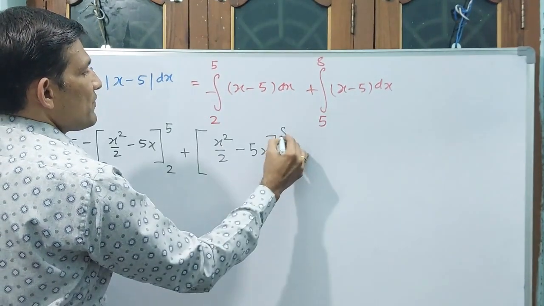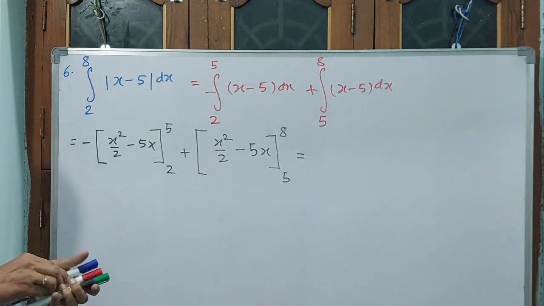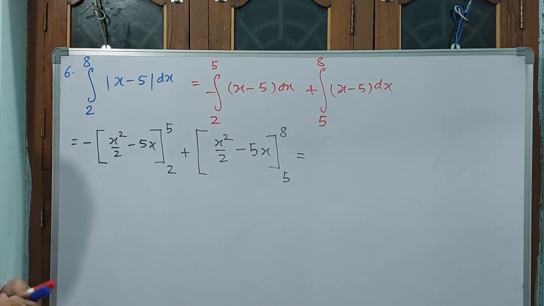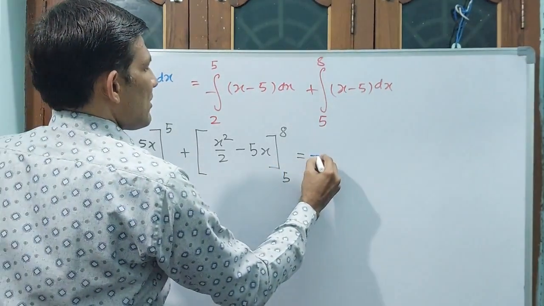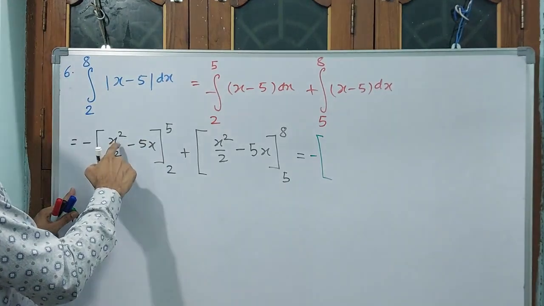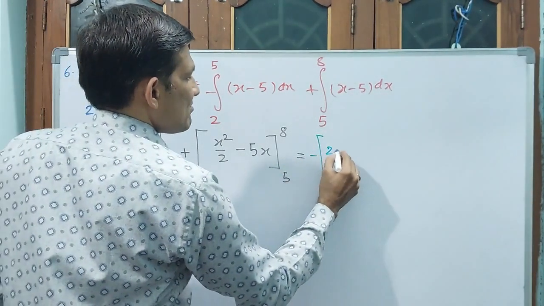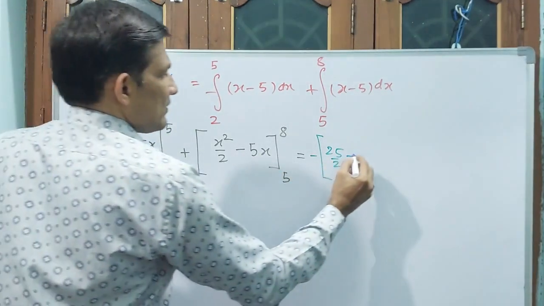This time you are applying 5 to 8. Okay. Here minus is there, here plus is there outside. That you keep very carefully. Okay. Proceed further. Apply upper limit, lower limit like that. Minus you keep 5 square 25 by 2 minus 5 into 5, 25.